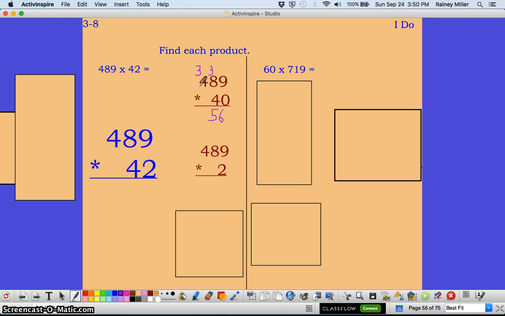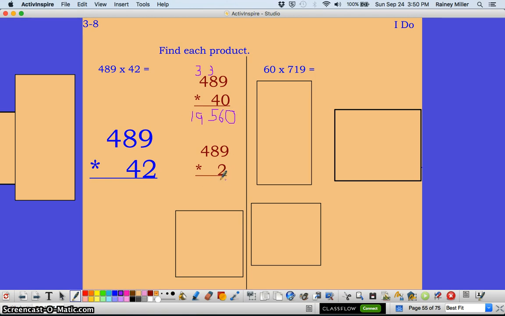Then 4 times 4 is 16 plus 3, that's going to be 19. And then because I'm using my zero trick, so I didn't have to multiply as much, I put my 0 on the end here. And then that gives me my answer for that part.